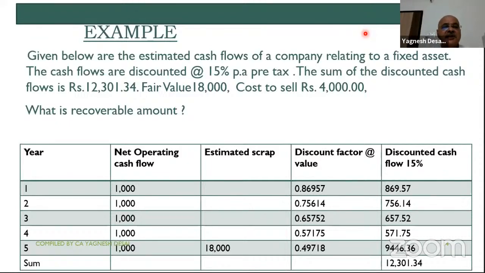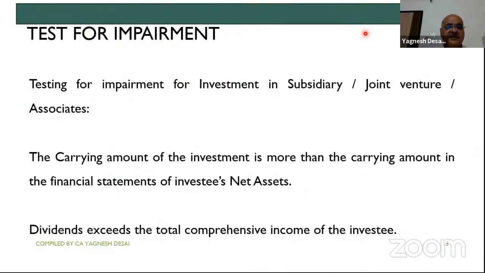Madam, there is a request from our madam: please repeat what is total comprehensive income. Total comprehensive income is PAT, that is profit after tax, plus other comprehensive income, equal to total comprehensive income, sir. Anita, I hope you got an answer.